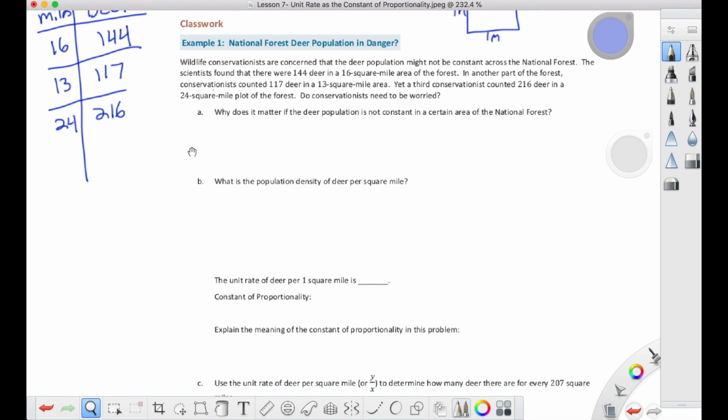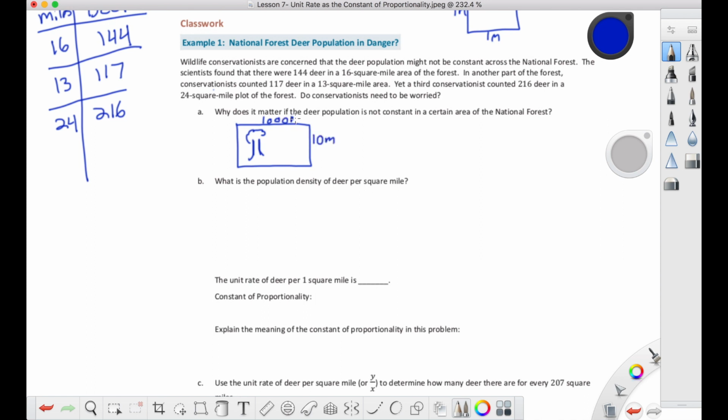Why does it matter if the deer population is not consistent in a certain area of the national park? This isn't necessarily a math problem, but it's still important. I'm going to draw a super realistic picture of a forest. Here are my trees, and this tree represents all the trees in the forest. Let's imagine this is huge, like 1,000 by 10 miles, which is crazy huge, right?